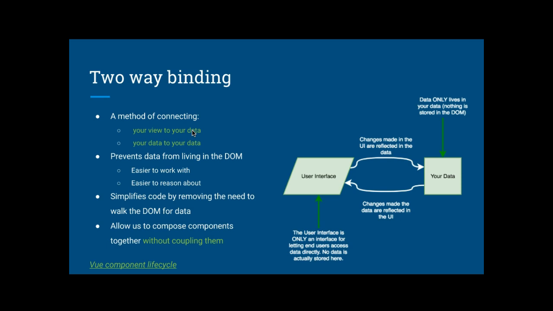I think one of the most important parts of two-way data binding, or even the single directional flow of information, is moving away from storing your data in the DOM, in your actual markup, either through data elements or by writing code that walks the DOM tree and looks through the HTML.